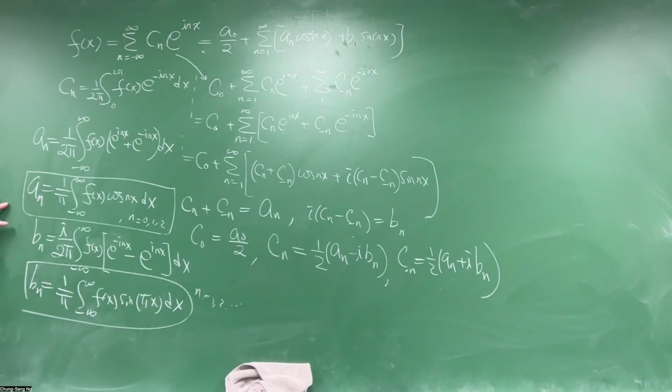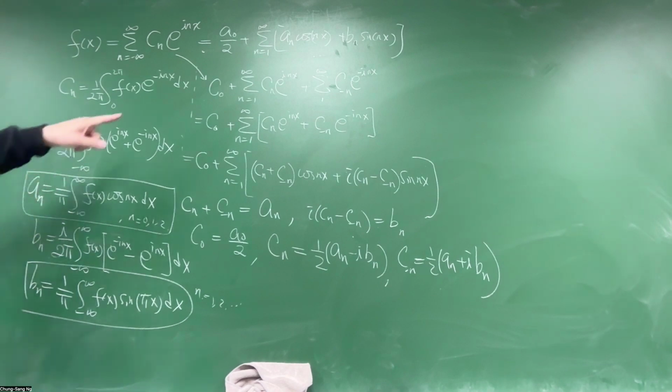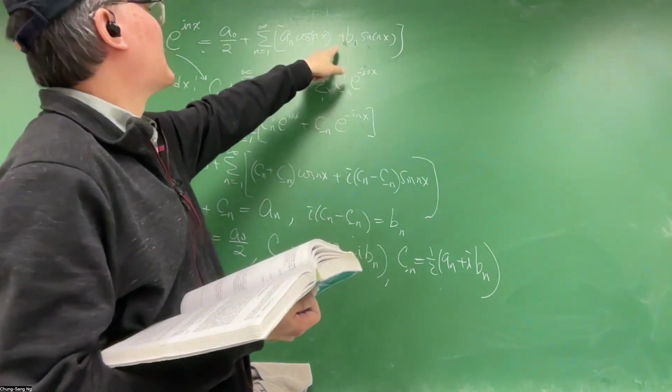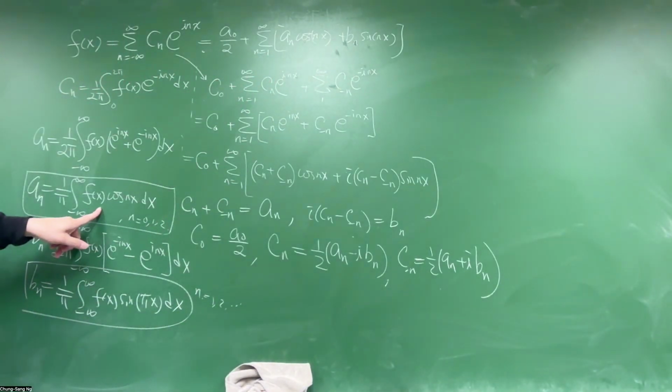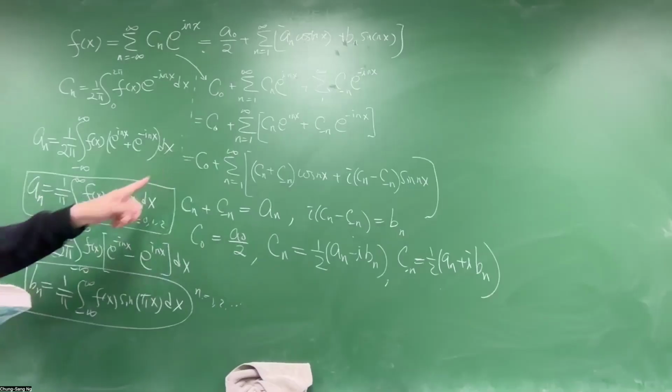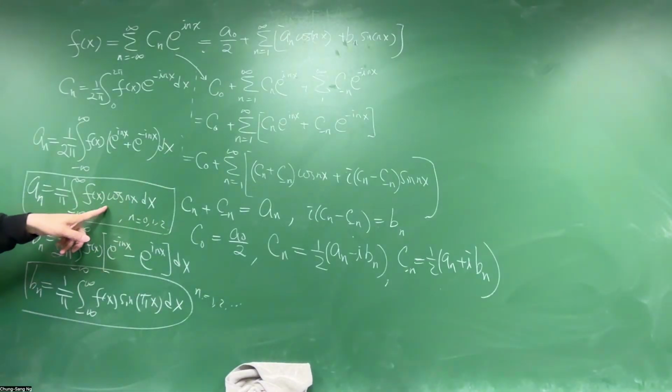Likewise, you can derive c sub n in the same way. Once you have the Fourier series in this form, you can substitute it into here or there, and then convince yourself that when you substitute this into here, only the same n will contribute and be non-zero. Say if you have cosine mx times cosine nx, if m is not equal to n, that will be 0.